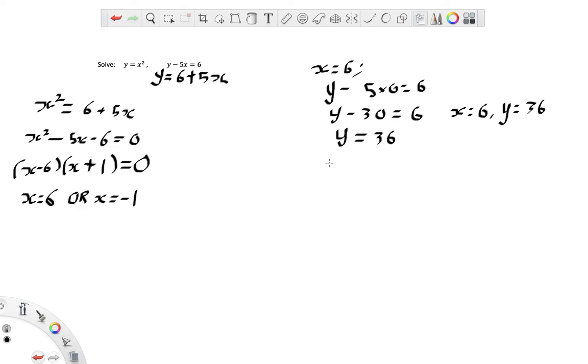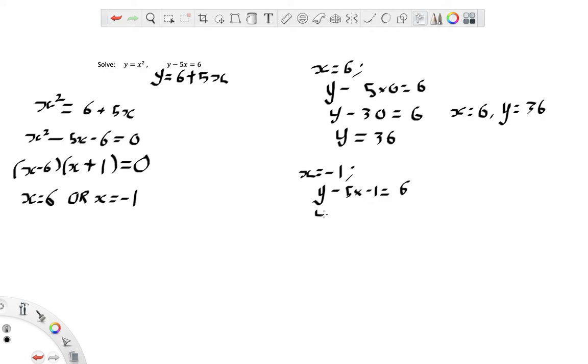Okay, and then when x is equal to negative 1, we get y, and then be careful, obviously here it's minus 5, it's minus 5 times minus 1, which is equal to 6.